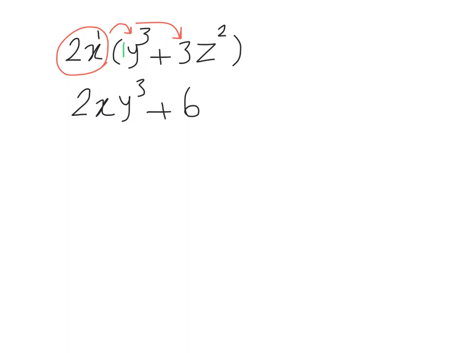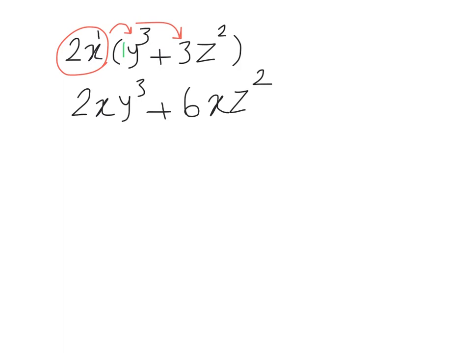So it's going to be xz squared. Okay, since I don't have like terms here, 2xy cubed is not the same as like terms with 6xz squared, therefore I am not even able to add these two terms together. So my final answer is going to be 2xy cubed plus 6xz squared.